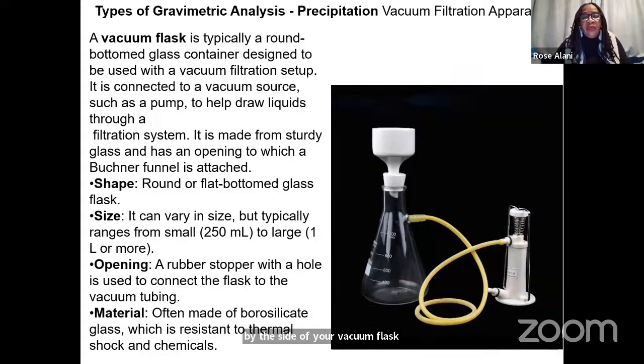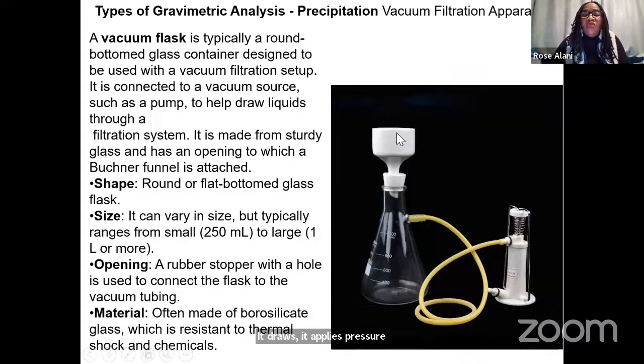So you have a rubber stopper with a hole, which is used to connect the flask to a vacuum tubing. As you can see here, the tubing is linked to a suction pump. This suction pump is the source of your vacuum. When it is switched on, it applies pressure and draws the liquid that you put.